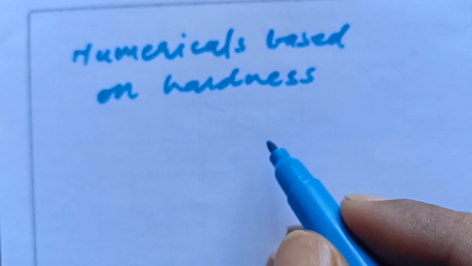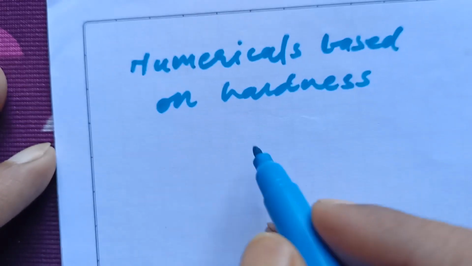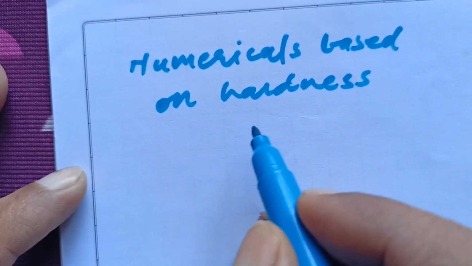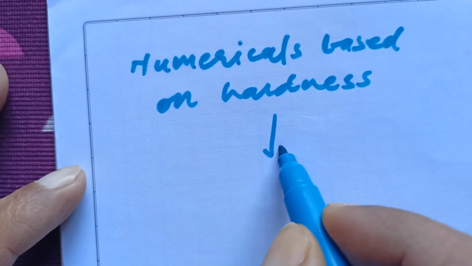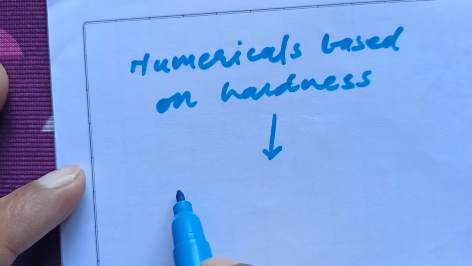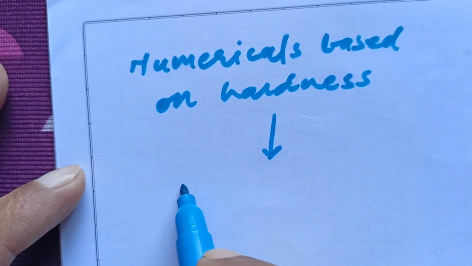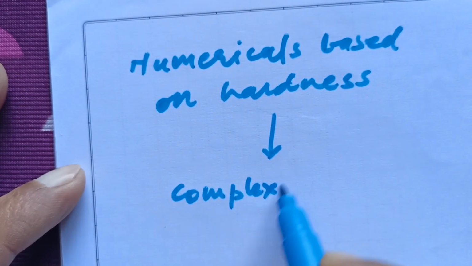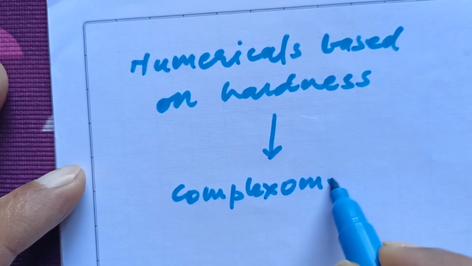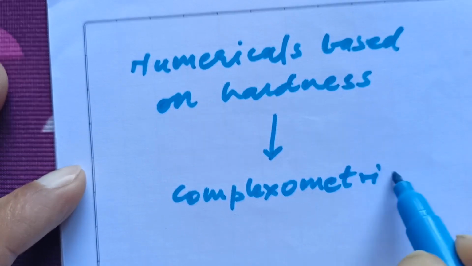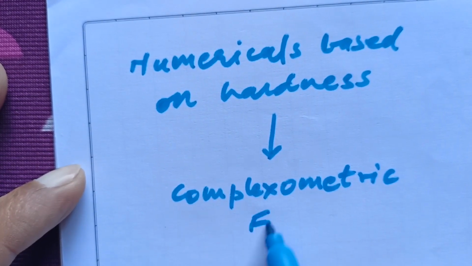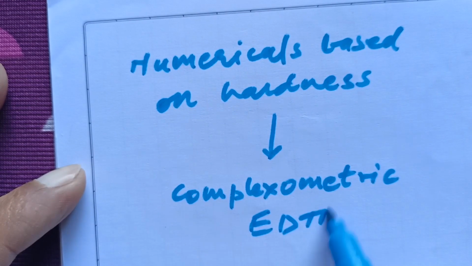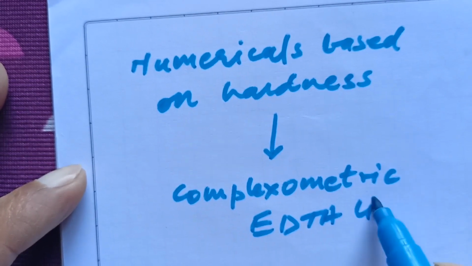So we generally determine this hardness in a laboratory by a method called complexometric EDTA titration.